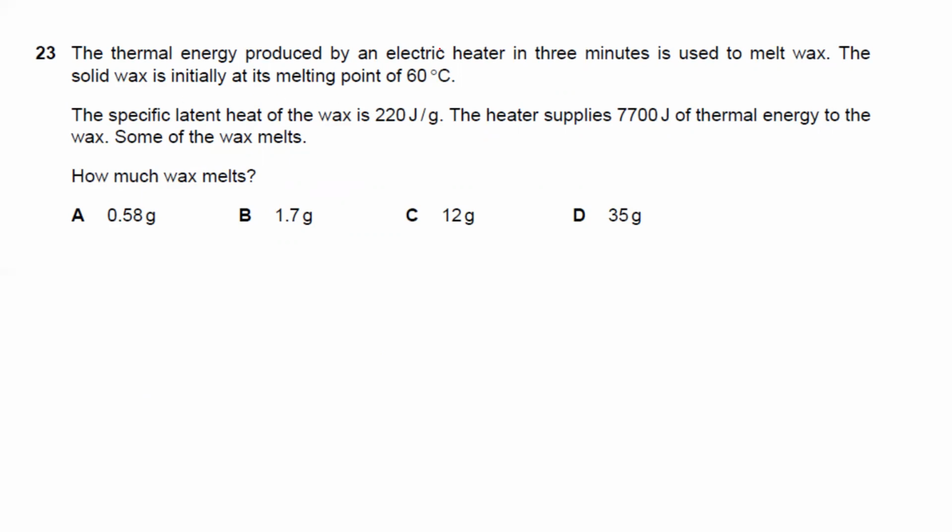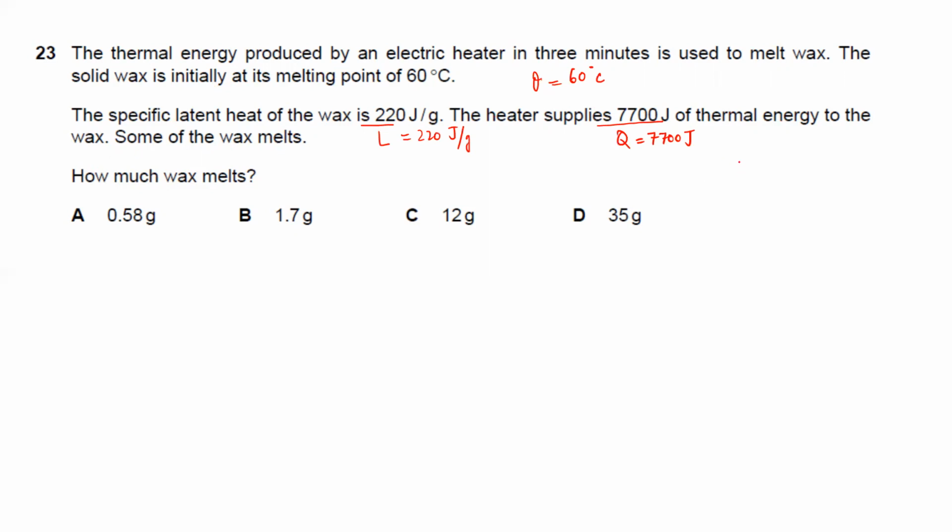Thermal energy produced by electric heater in 3 minutes to melt the wax. The solid wax is initially at melting point theta of 60 degrees centigrade. Specific latent heat, or you can say L, is 220 joules per gram. The energy that is supplied, that is Q, is 7700 joules, thermal energy to the wax. How much does the wax melt?